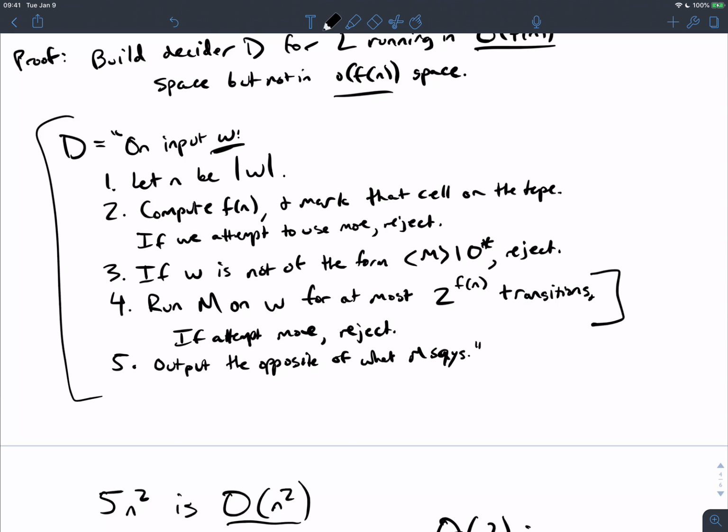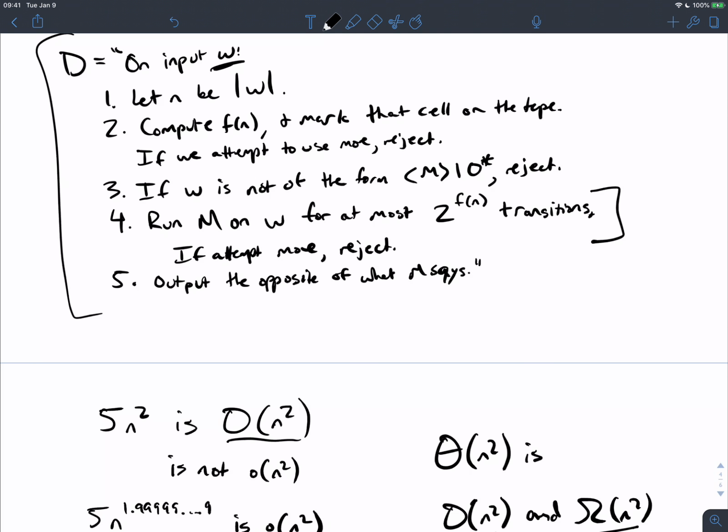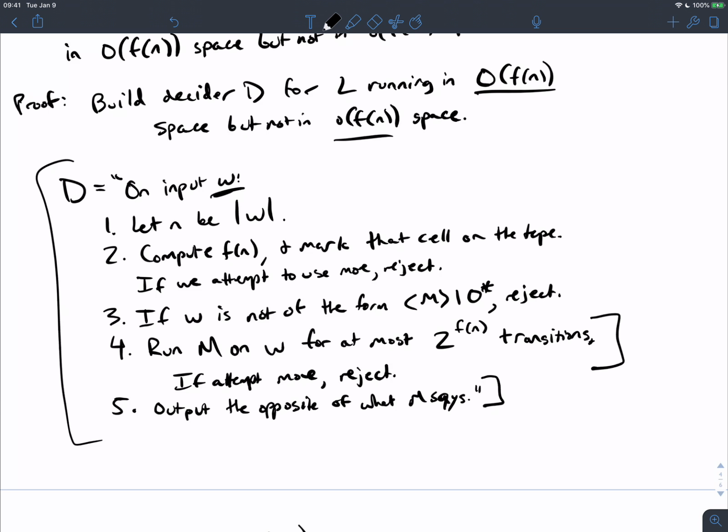Okay? And then outputting. All those were just technical things. The real meat of this is that last line, where it says output the opposite of what it does. Why do we want to do that? Because the machine M, not D, at that point says you used at most f of n space.